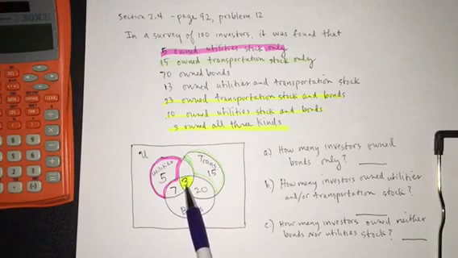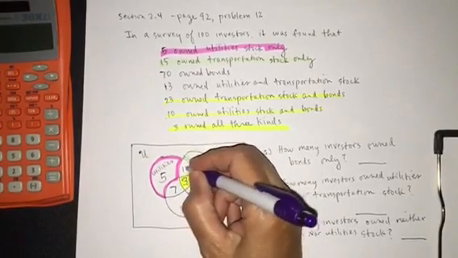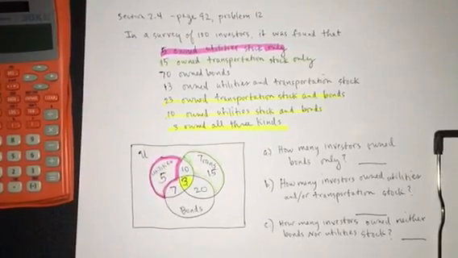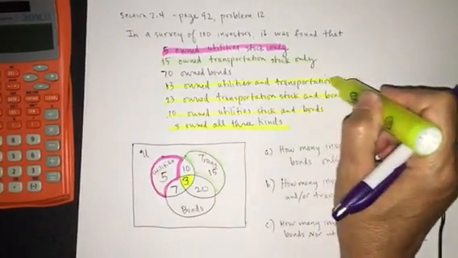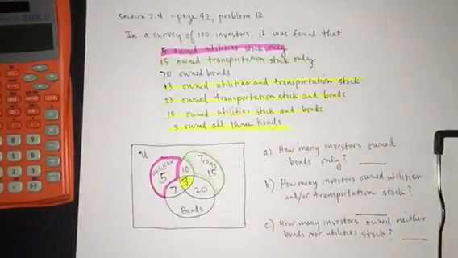So I'm going to have to subtract. 13 minus 3 gives me 10. 10 people owned utilities and transportation stock, but not bonds. So we got that taken care of. I have one more to take a look at as far as the inside part of this picture goes.